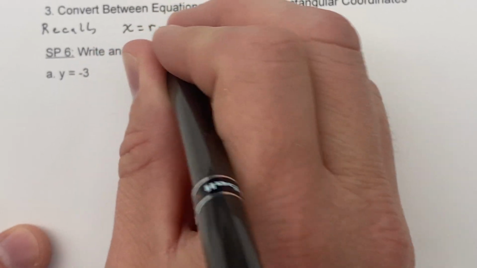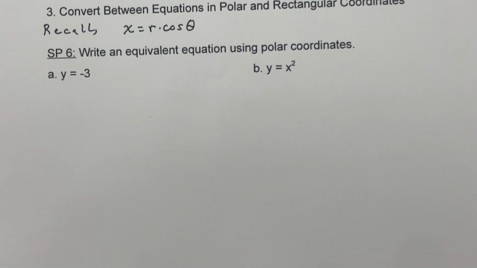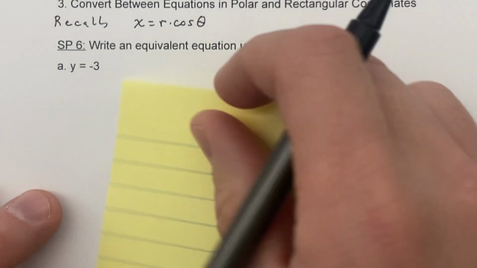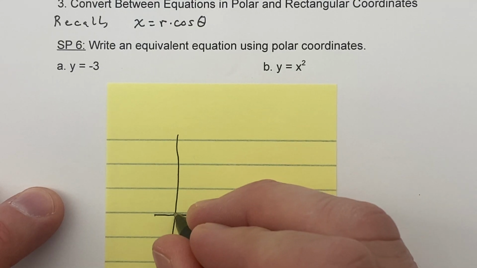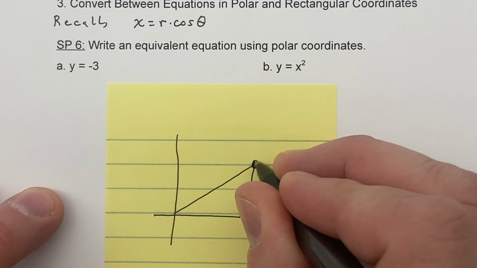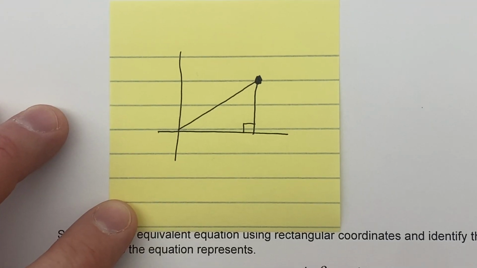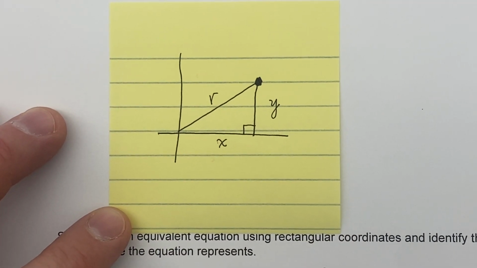x is equal to r times cosine of theta. Again, we could look at a triangle one more time, just so we fully see where all this comes from. If we had a point up in quadrant 1, this would be your x, this would be your y, and we called that our r.